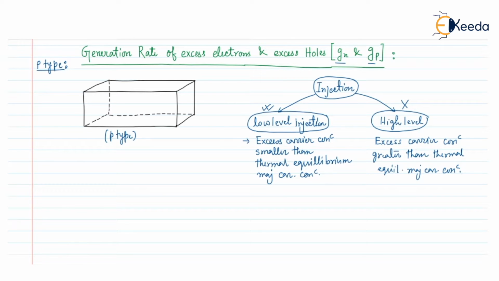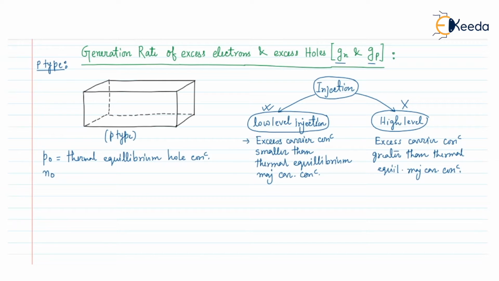Let us assume that P0 is the thermal equilibrium hole concentration, that is, the thermal equilibrium majority carrier concentration because we have taken a p-type semiconductor.